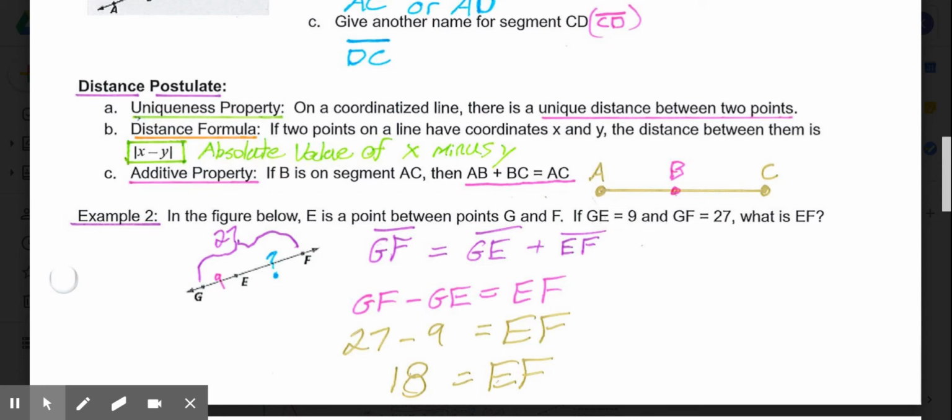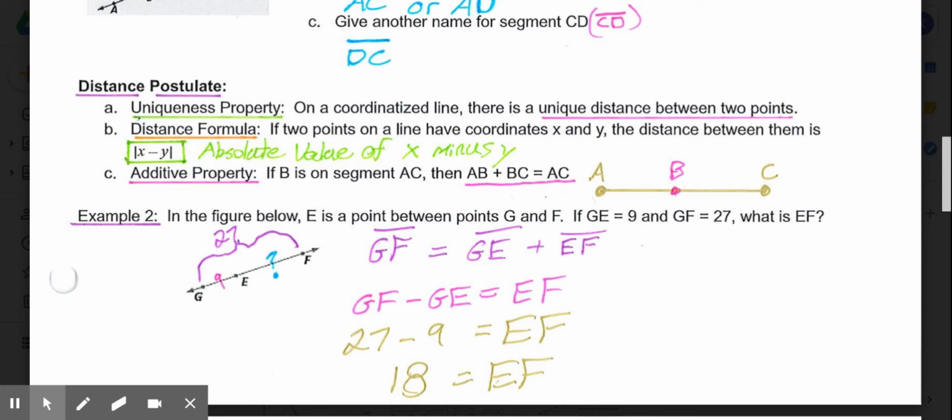So on a number line, if we have points A and B, there is only one unique distance for those 2 points. The distance formula states if 2 points on the same line have coordinates x and y, the distance between them is the absolute value of x minus y.